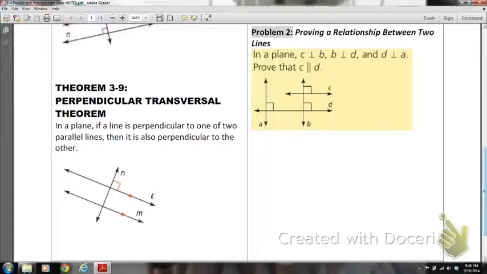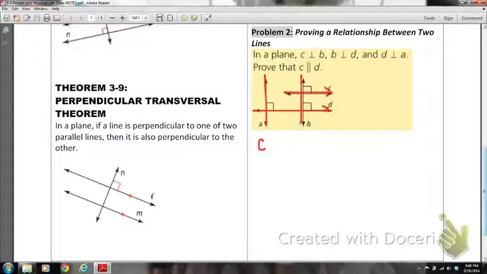It states that in a plane, line C is perpendicular to line B, and line B is also perpendicular to line D, and that D is perpendicular to A. It's asking you to prove that line C is parallel to line D. Let's start with the information that we're given. We can write a paragraph proof on this one.